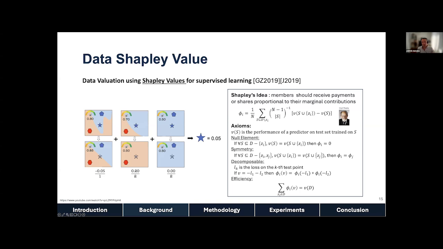Shapley value is decomposable, meaning that for data evaluation, if you have multiple test sets, you can combine the Shapley values of these test sets to get the Shapley value of the combined test sets. And it has an efficiency axiom that says that if you sum the Shapley values, you'll get the utility of your dataset. So you can see it as a more robust way than the leave-one-out valuation. But of course, it comes with a cost, a computational cost.